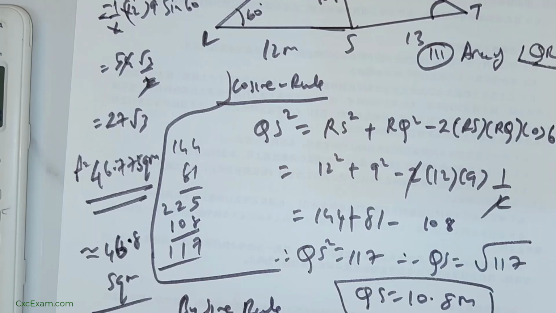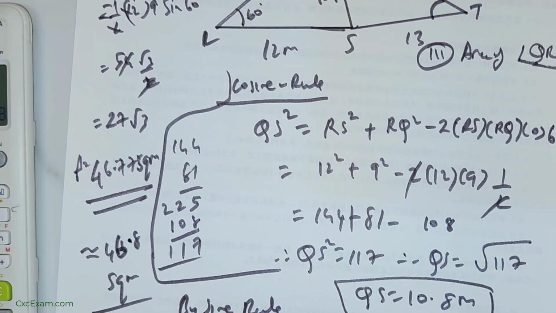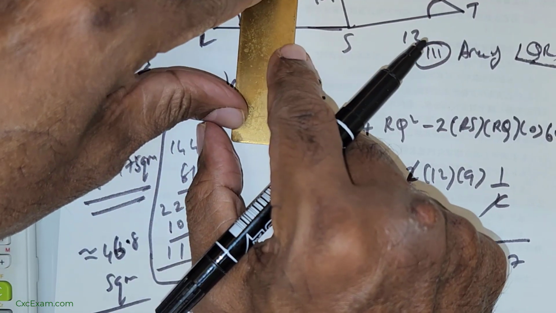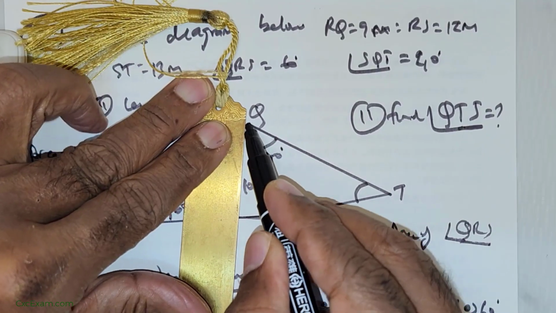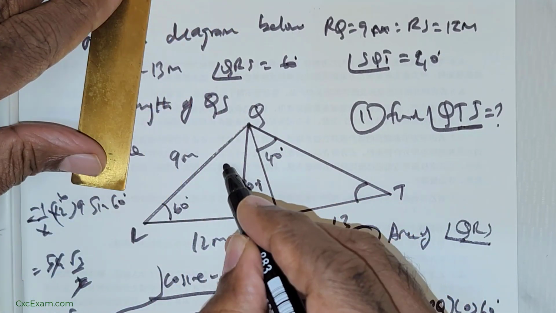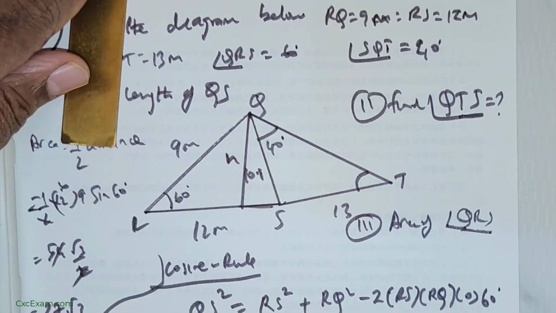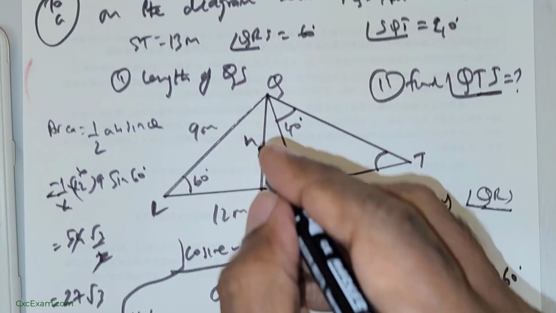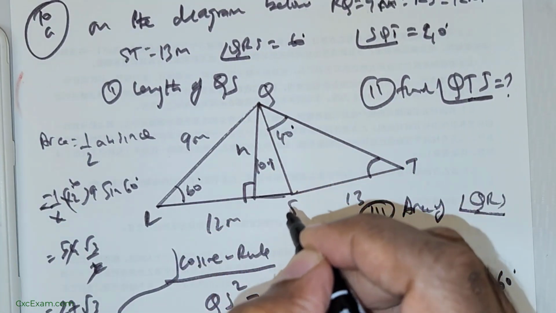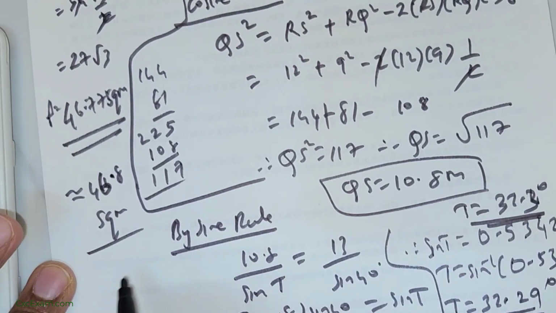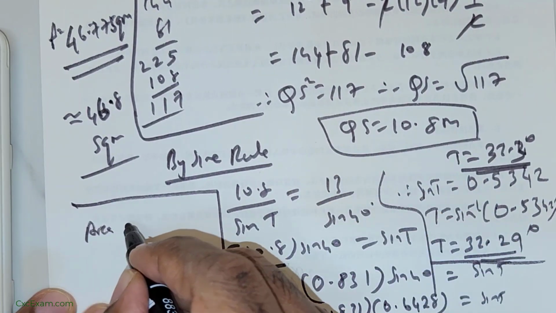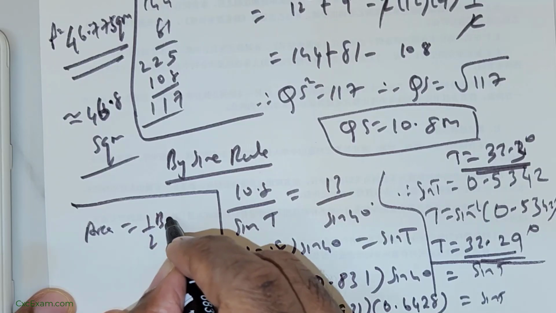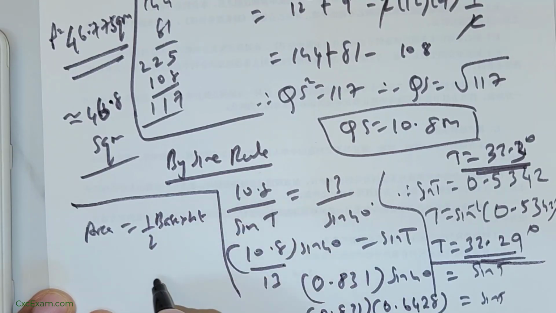Okay, so the next point is they are asking us to find the perpendicular distance. You see here, they want us to find this perpendicular distance. So that means this is 90 degrees. So we can utilize this formula. Area is equal to half into base times height.